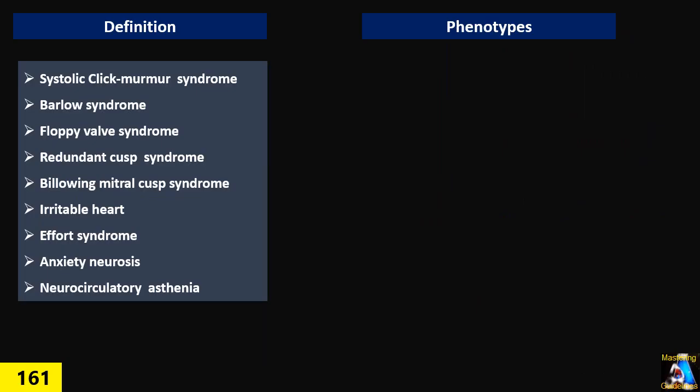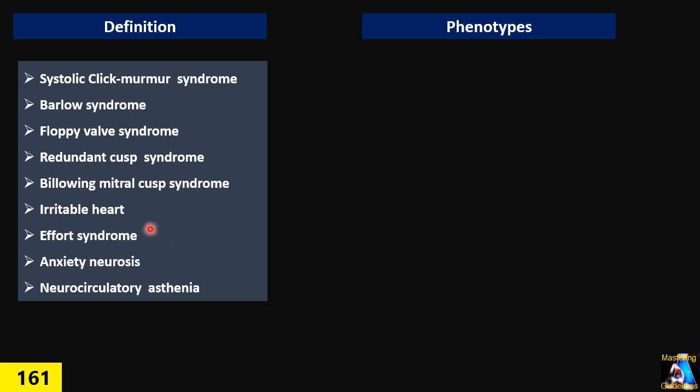If you look at the history and literature, we can see mitral valve prolapse has had different names in the past, and a completely wide spectrum of presentation, pathology, and pathophysiology.